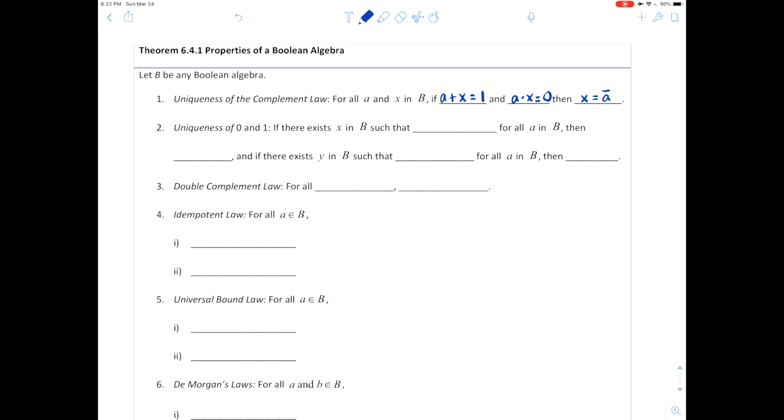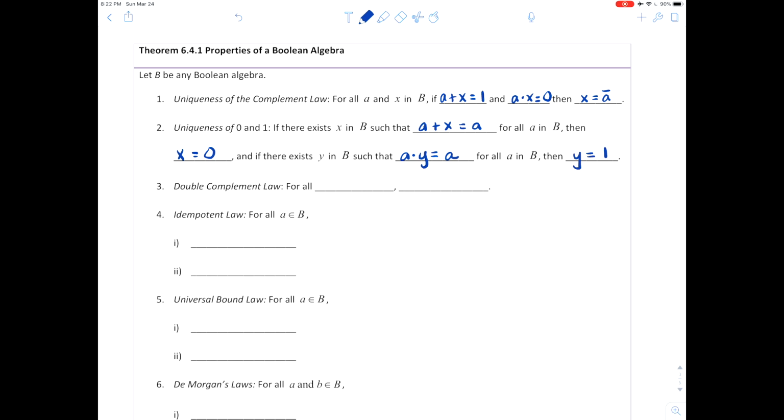Uniqueness of 0 and 1: if there exists an X in B such that A or X is A for all A in B, then X is 0. And if there exists a Y in B such that A and Y is equal to A for all A in B, then Y is going to be 1.